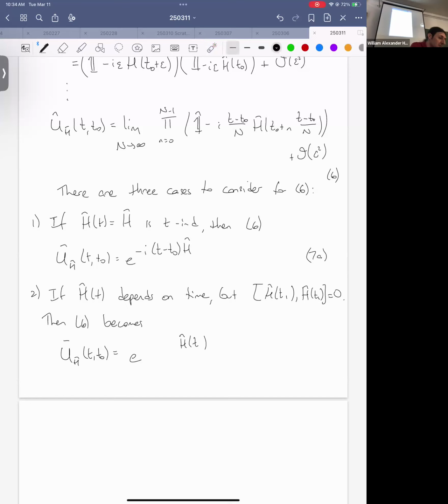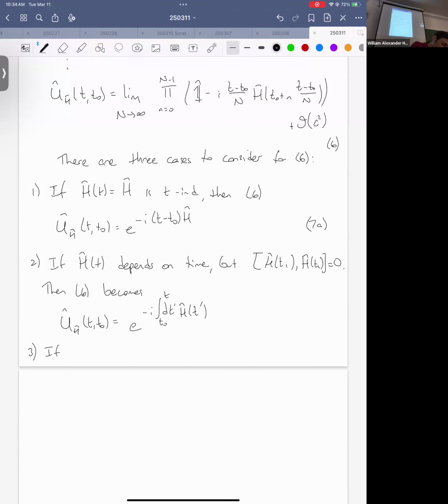Maybe I'll just write it down. I'm not sure how to motivate it further than that. So I'm going to integrate my Hamiltonian. This should all feel quite reasonable and involves objects that you have definitely seen before.